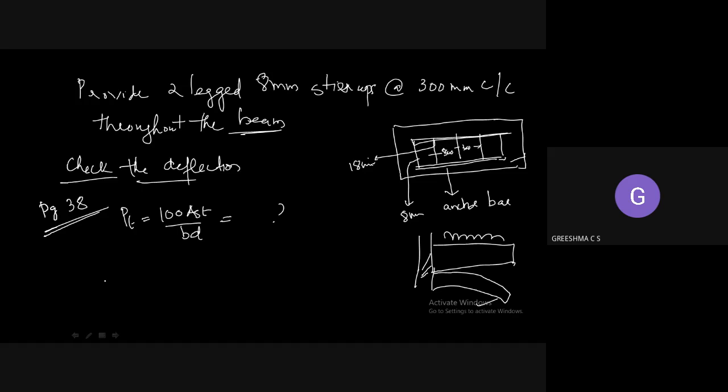Take the percentage of reinforcement ratio, and from IS 456 page number 38, the deflection equation has an equation for stress in the steel: Fs is equal to 0.58 fy multiplied by AST required divided by AST provided.